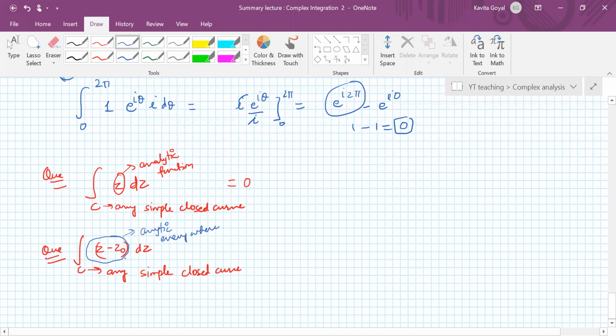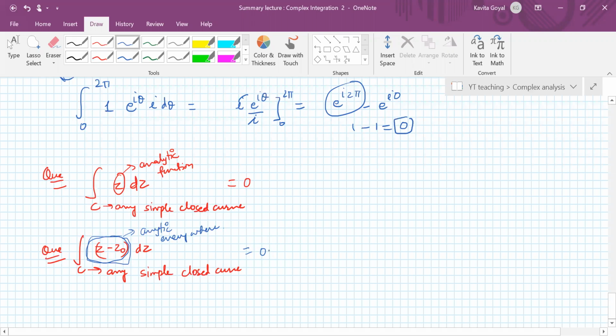You check differentiability: you have x minus x naught, and that function is differentiable everywhere. Similarly, this function is differentiable everywhere. So polynomials, whether real valued or complex valued, behave the same. So analytic everywhere. Therefore, by Cauchy's theorem, this is 0.